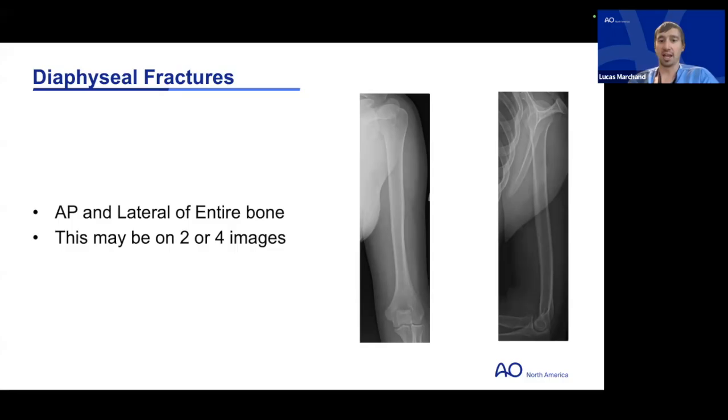And so you'll get an AP of the proximal femur, an AP of the distal femur, then a lateral of the proximal femur, and a lateral of the distal femur. But ordering and interpreting diaphyseal films is rather straightforward. And thus, we chose in this presentation to really hone in on the joints above and below the long bone segments that are most commonly injured for you all.